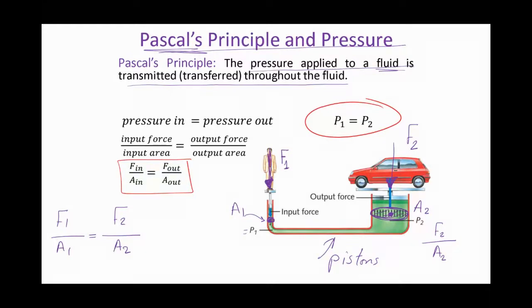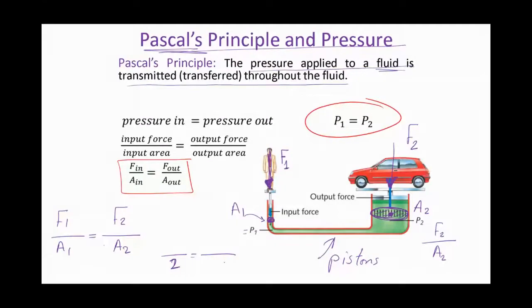Let's say the two areas are the same. If the two areas are the same, what does it mean? It means the two forces are the same. It's normal. But what if the two areas are different? Let's say the first one is 2 square centimeters, for example, and the other one is 10.